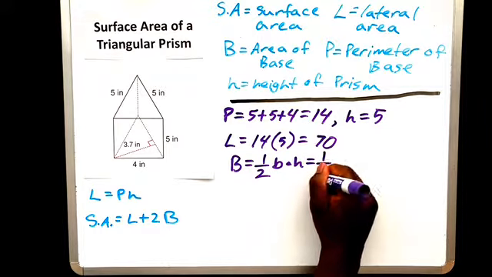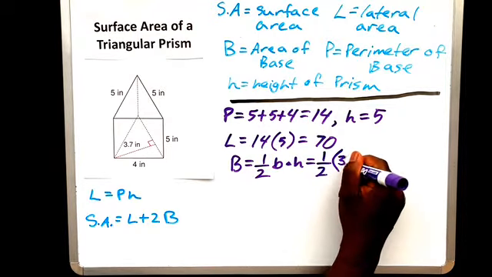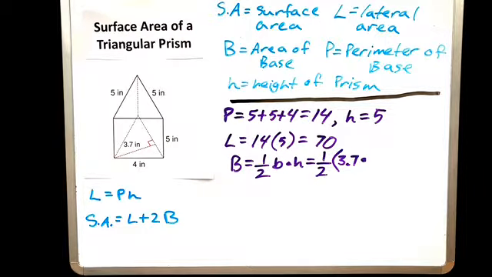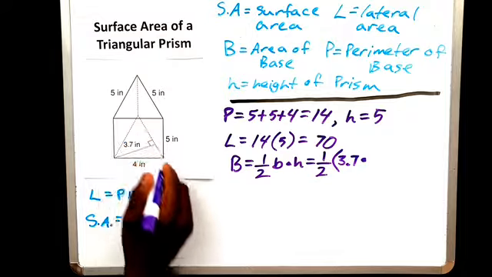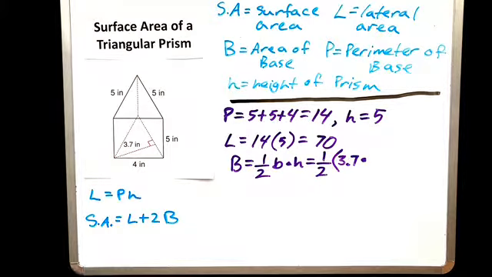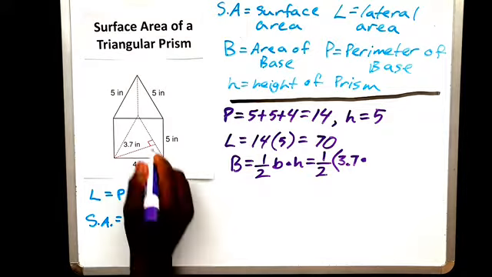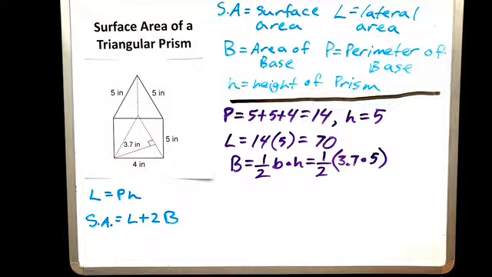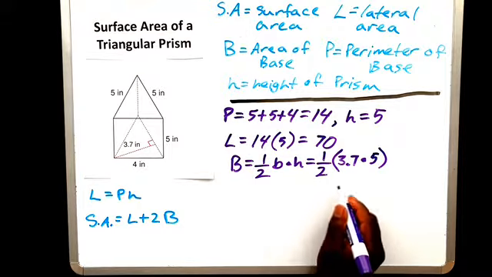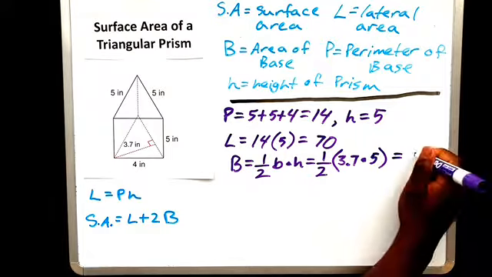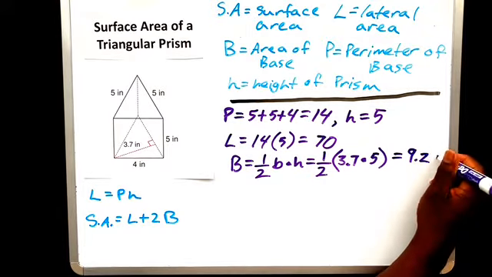So that's 1/2 times 3.7 multiplied by the base of the triangle, which is 5. This is the height of the triangle, and this is the base of the triangle. When you multiply 1/2 times 3.7 times 5, we get 9.25.